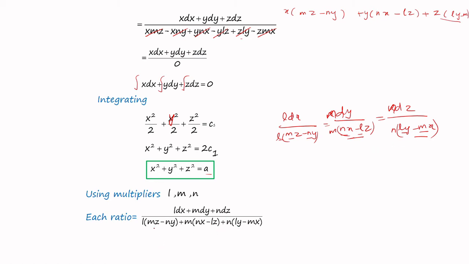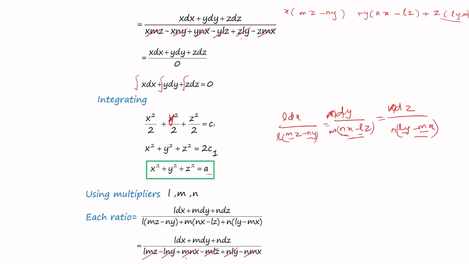Now you have to take l, m, n inside. So l dx plus m dy plus n dz divided by l mz minus l ny plus m nx minus m lz plus n ly minus n mx. Here we cancel these terms: l mz minus l mz, l ny and n ly, m nx and n mx.